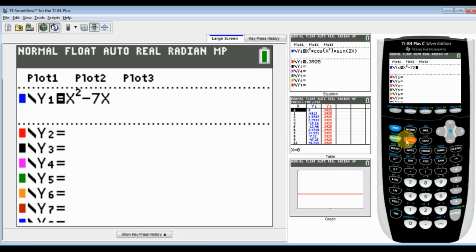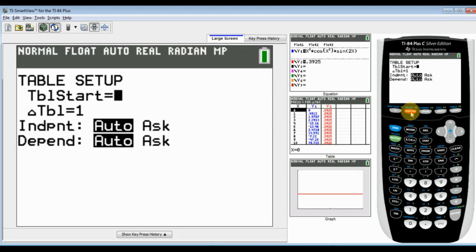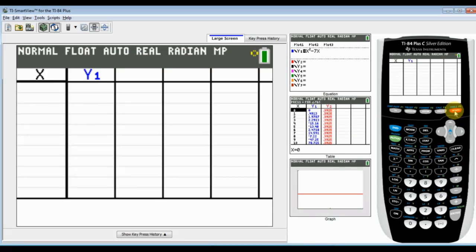You go second window. You're going to scroll down till you see independent. And you want to change that to ask. Independent ask. Then you're going to go second graph. That'll get you at the table.